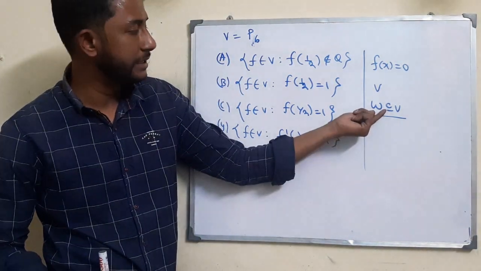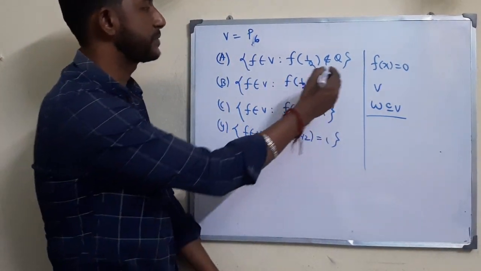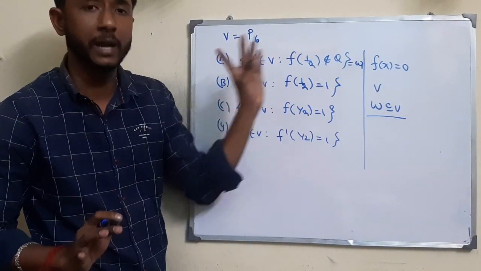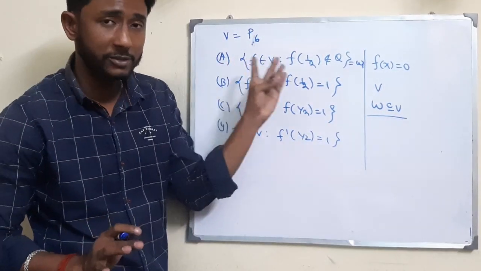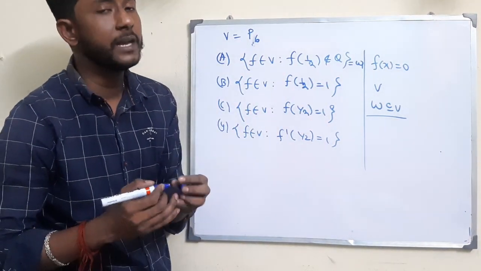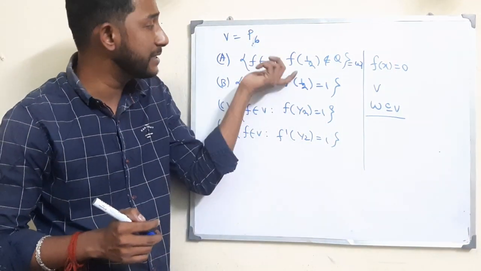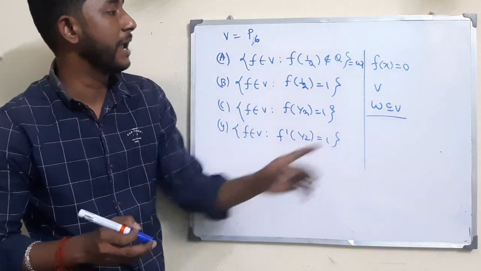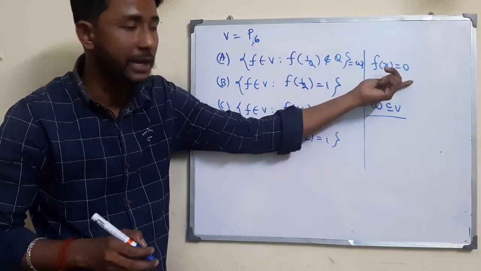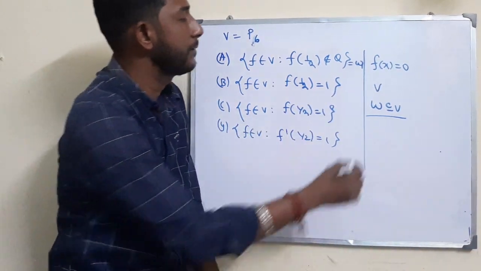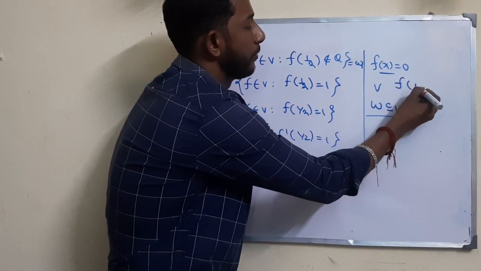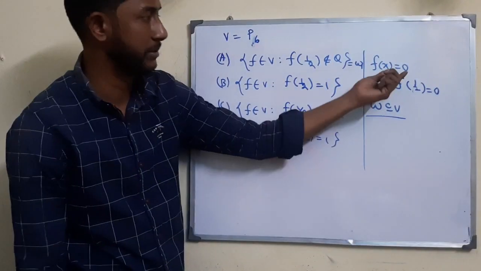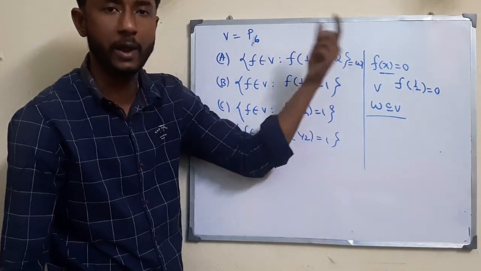Now, if I consider this subset as our W1, and assume that W1 is a subspace of V, it means W1 does have that identity element f(x) equal to 0. If W1 contains this identity element, then what is the value of f of half? f of half is again 0, as this polynomial is 0 at all points.